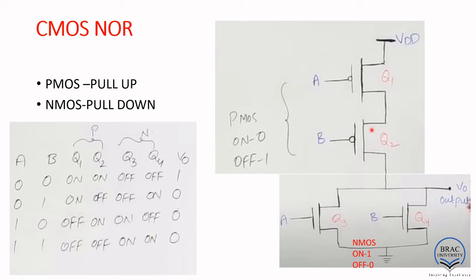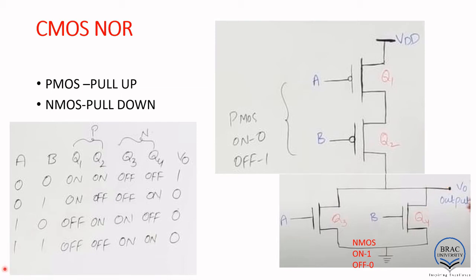Again for 1 0, so 1 means this is off and 0 means this is on. On means this is shorted, but here this is open, so you are not getting the connection from VDD to V0, right? And for the NMOS, 1 means this is on, this is shorted, 0 means this is open, so we are getting the connection from V0 to ground this way, right? So again we are getting the output 0.